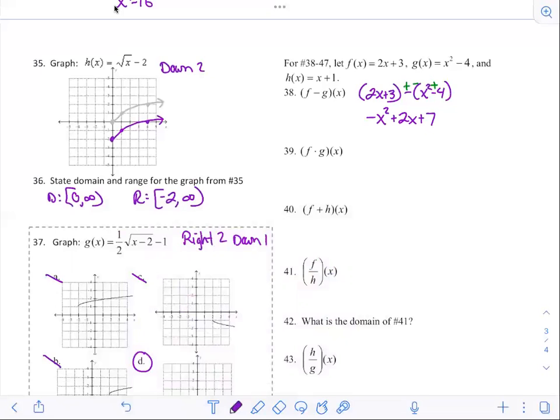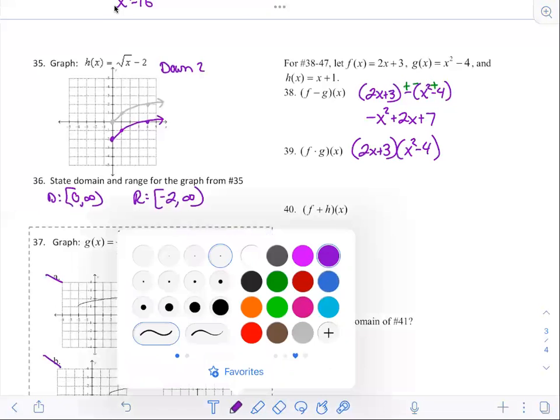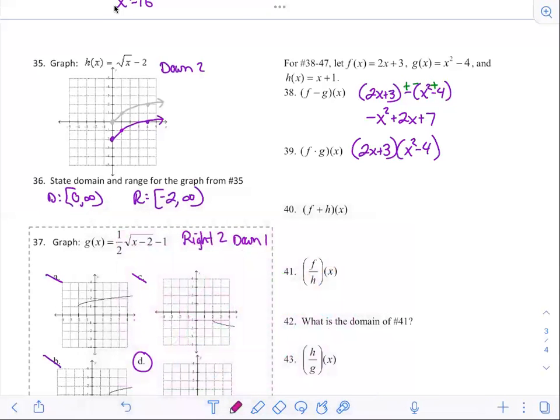F times g. Now we have to multiply them together. So we're going to go 2x times x squared is going to be 2x cubed. Then we're going to go 3 times x squared.